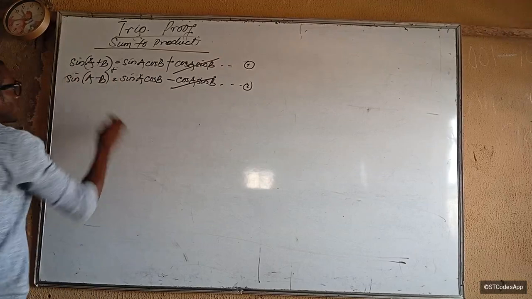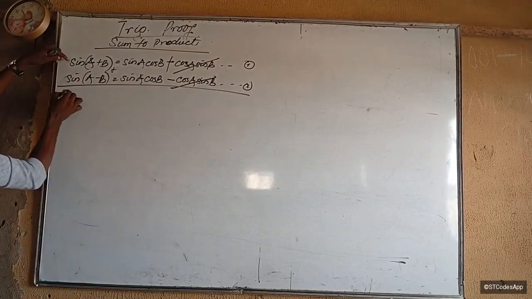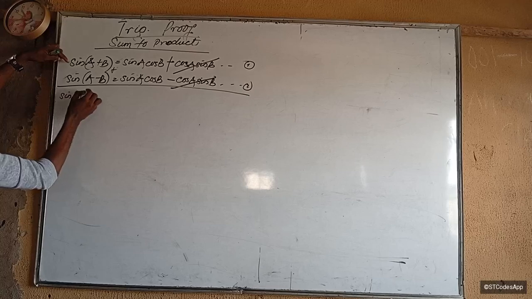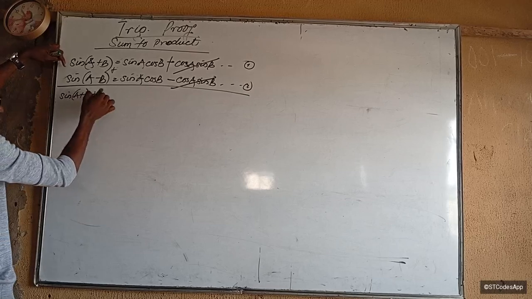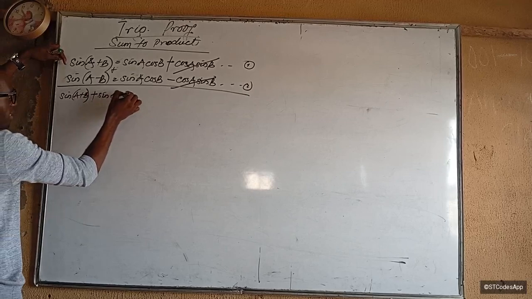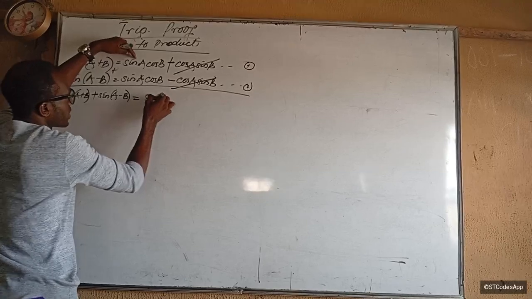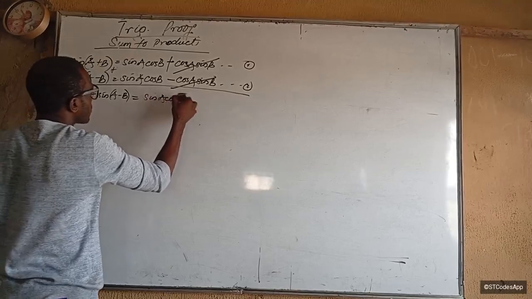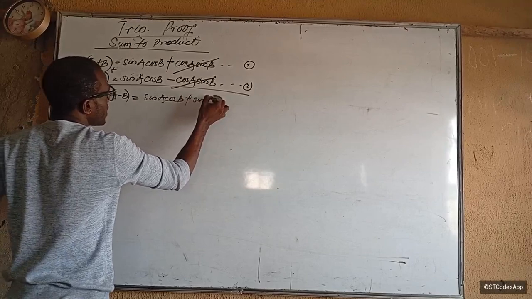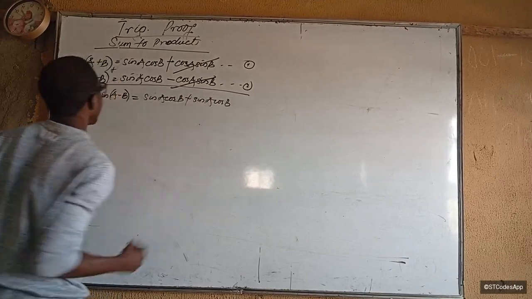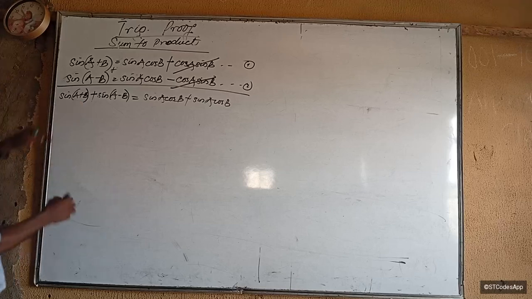Is that clear? So down here you will have sine of A plus B plus sine of A minus B, which will be equal to sine A cos B plus sine A cos B.